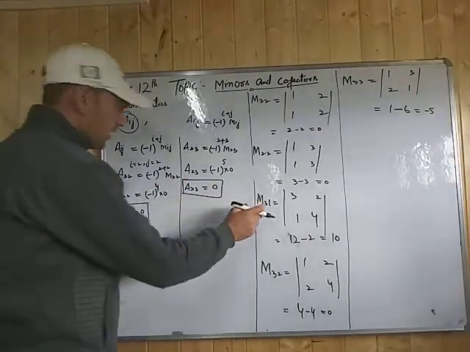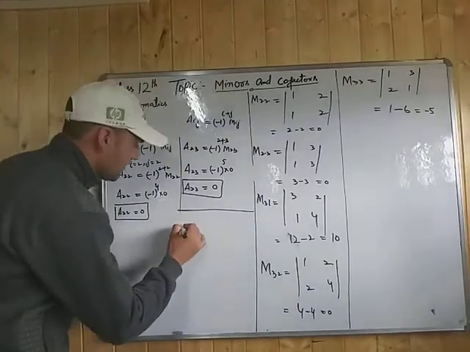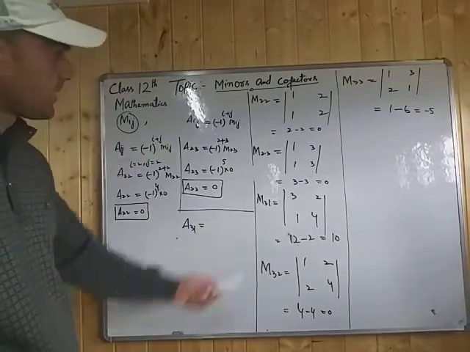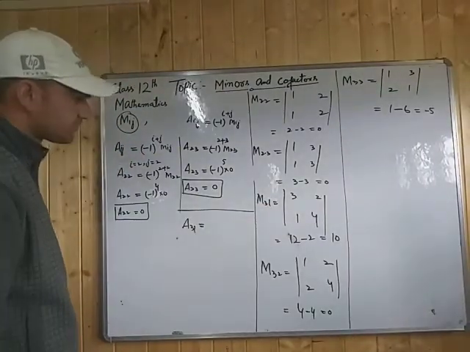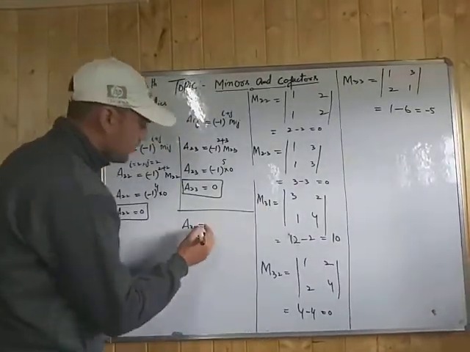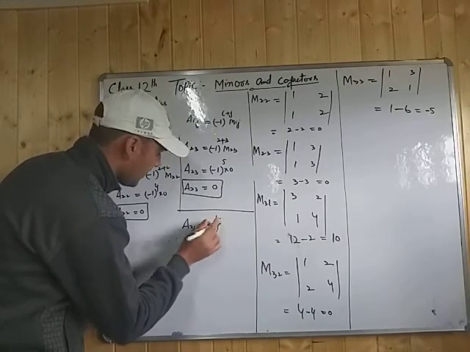Now अब हम निकालेंगे यहाँ पर, so we'll calculate here A31 that is equal to minus 1 raised to power, so I have 3 यहाँ पर.